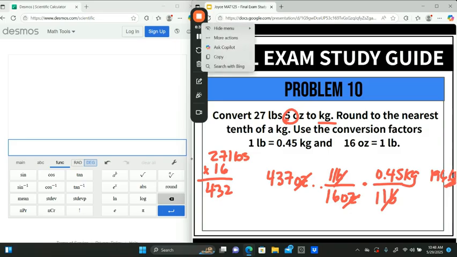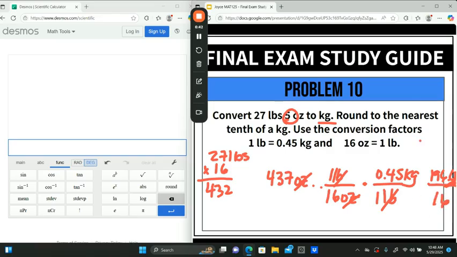Okay. Then on the bottom, I just have 16. So on the top, I've got 196.65 divided by 16, which gives me, it says round to the nearest tenth, so it gives me 12.3 kilograms.